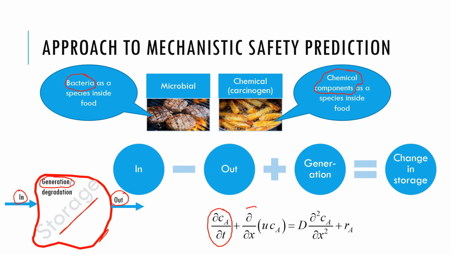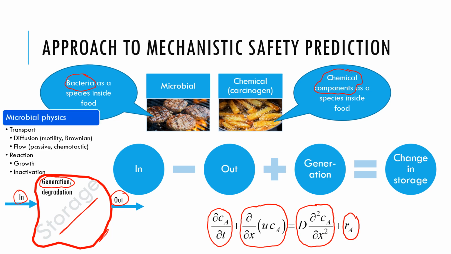And then this one is the net change due to species convected in, and this one is net change due to species diffused in, and this is the net change due to the generation. So you did that before and you are familiar with the transport equation. So what is that doing here in the context of a bacteria?